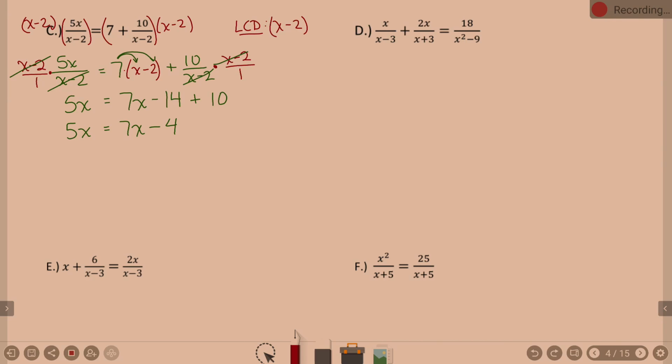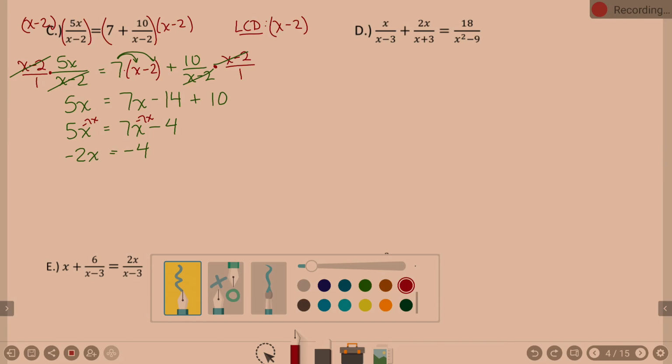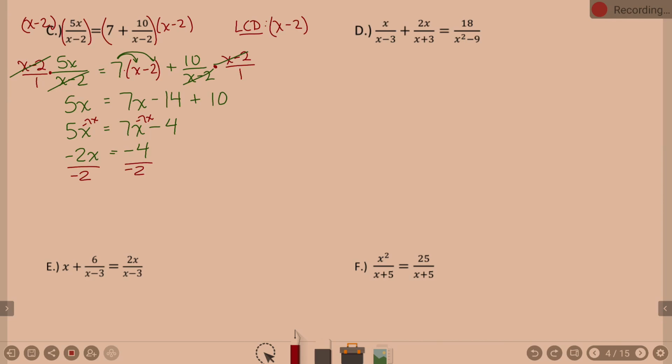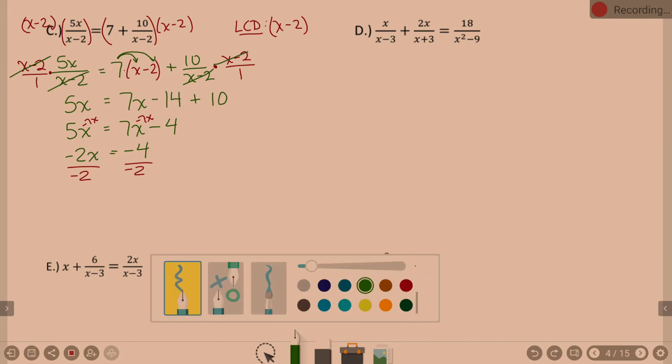So if I have 5x here, I would personally just subtract 7x. 5x minus 7x is negative 2x equals negative 4. And if negative 2x equals negative 4, what do you know? Divide by negative 2, and x is 2.